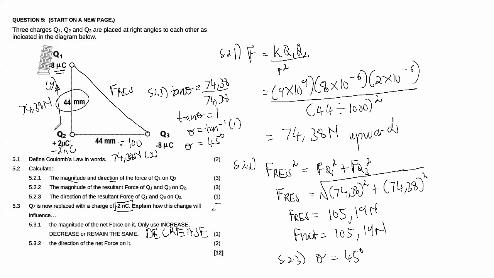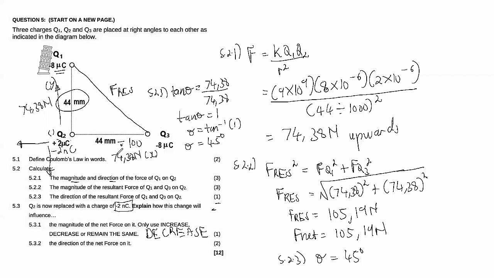We're going to experience a repulsion force. So this Q2 will now be repelled to that direction. And then also due to Q1, it will also be repelled down there, because now this will be a negative and a negative, so like charges repel, and also here it's a negative and a negative, so like charges repel.